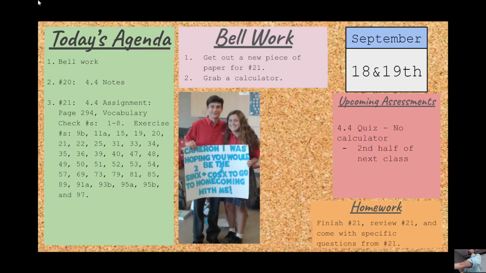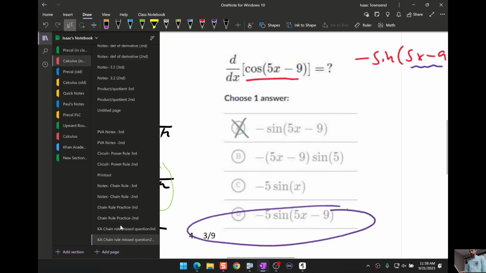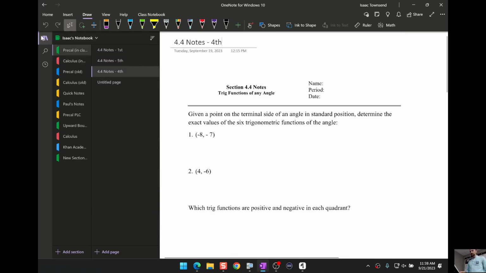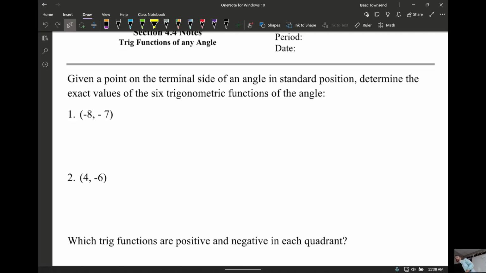So to move on, to try to limit your homework here, let's look at the notes and talk about what is uniquely different in section 4.4. So the first two questions say we have a point on the terminal side of an angle in standard position. Determine the exact 6 trig functions of the angle. So all 6, which we're used to doing.